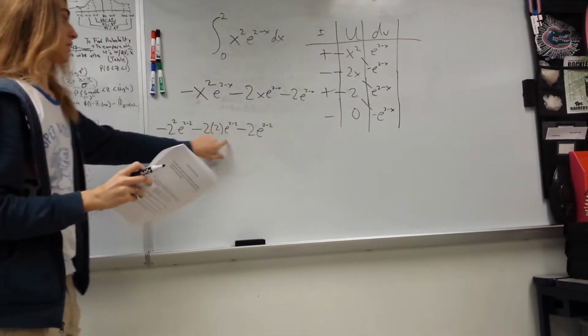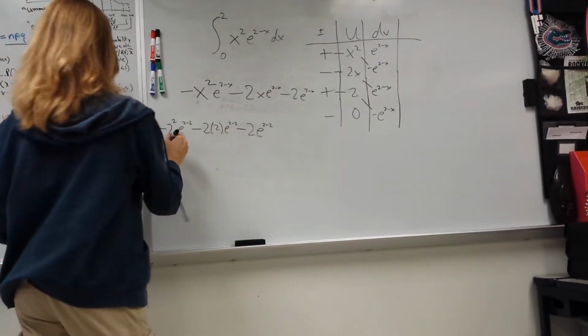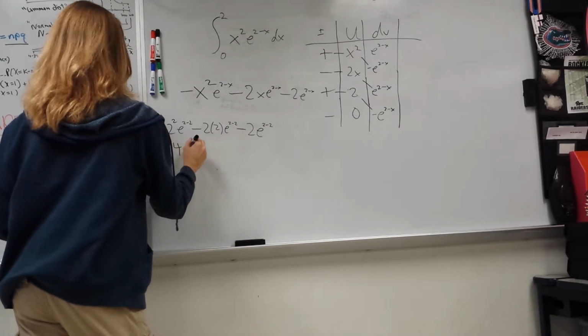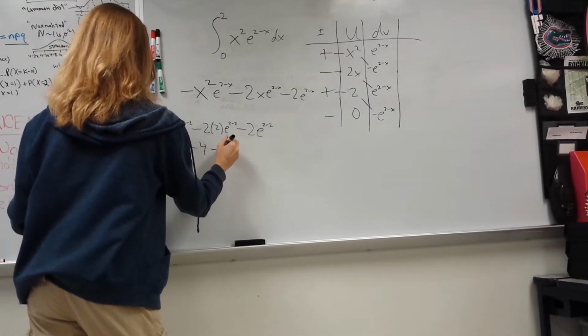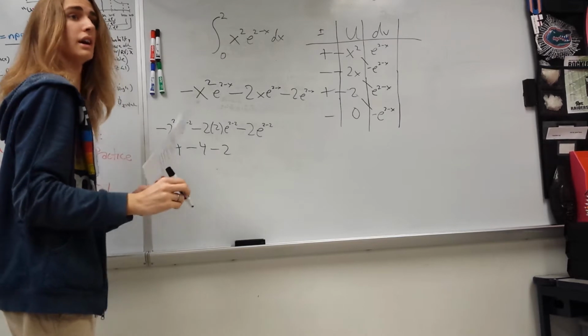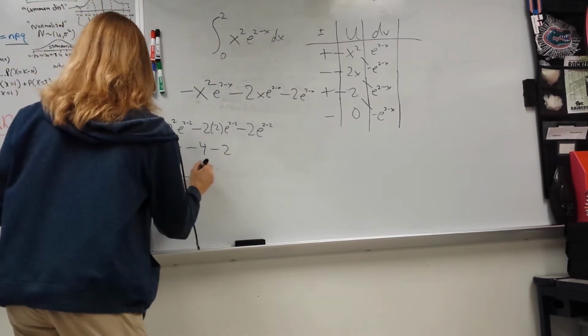So all of these turn into e to the 0, and all the e's cancel out. So we have negative 4 minus 4 minus 2.